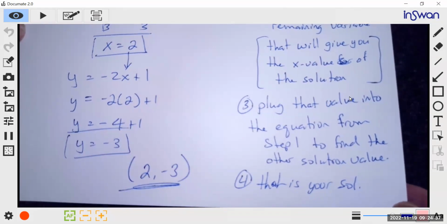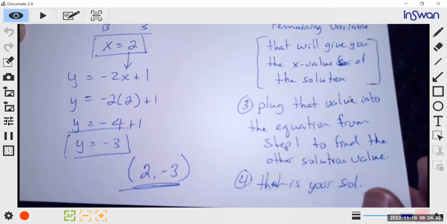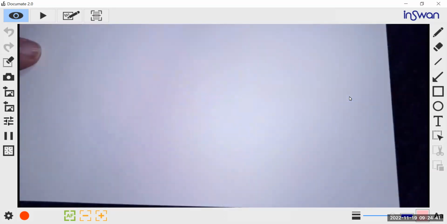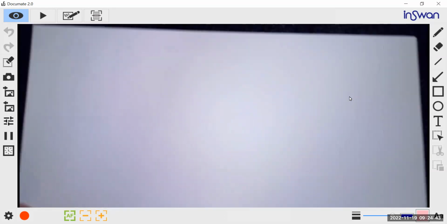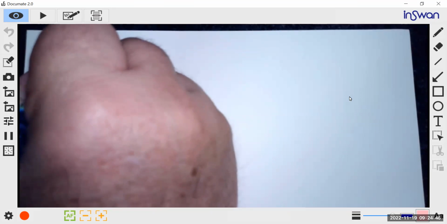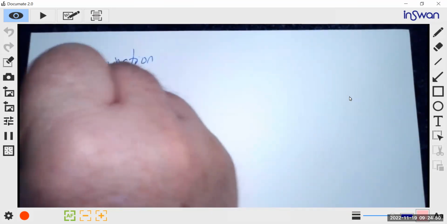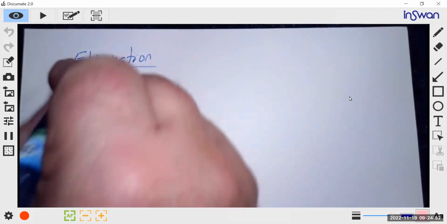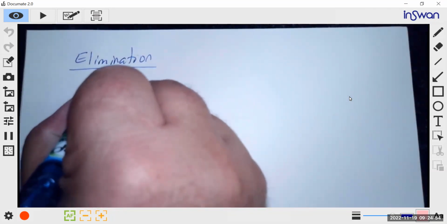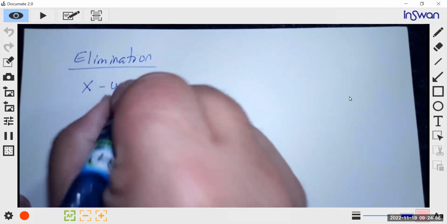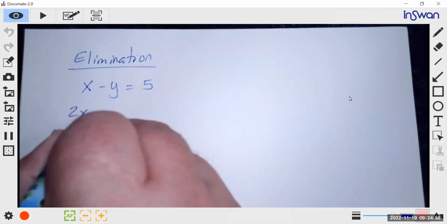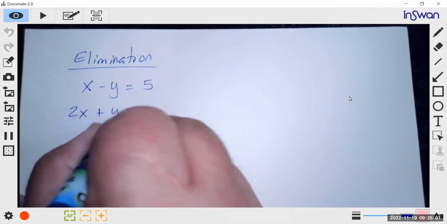All right, let's look at the elimination method. We use the same equations. x minus y equals 5. 2x plus y equals 1.